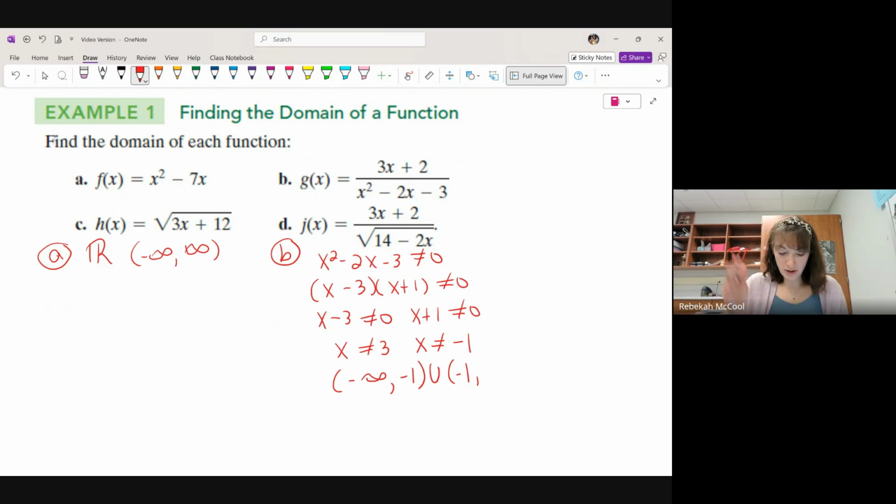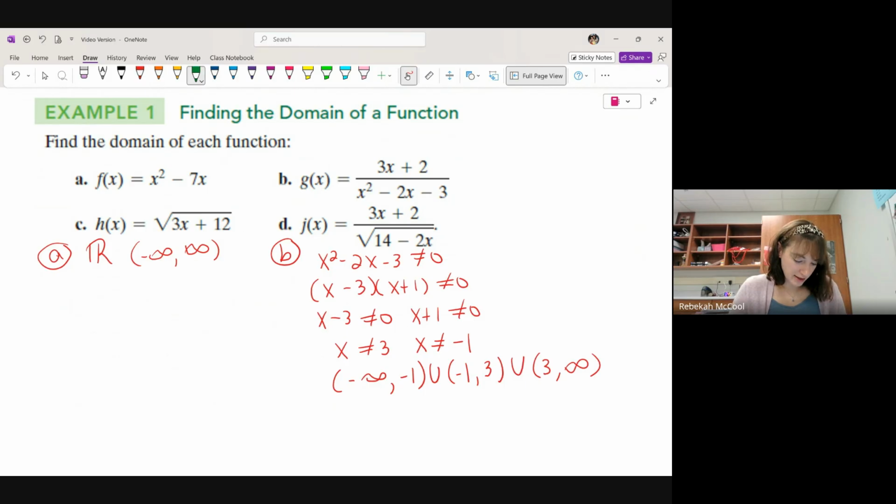So we trundle along until we get to our next problem, which is at 3. And so then it's the same idea. I'm not going to include the 3, so we're going to use our parentheses. We're going to union it. Again, we're going to then start our next interval at 3. And we have no more problem areas, so we should be good all the way up until we get to positive infinity. So it's a little annoying in that notation, right?